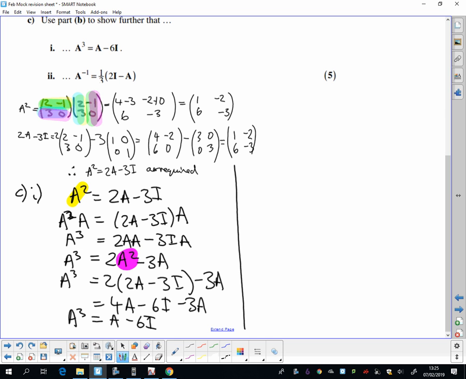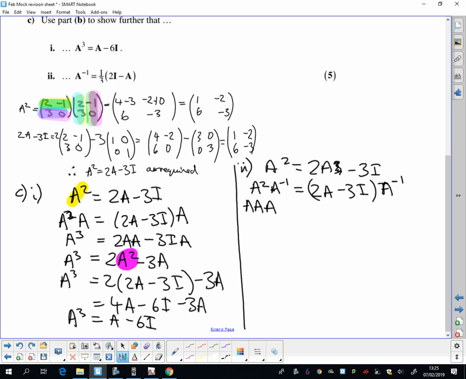Okay, now I want to do an inverse, but we've got to start again with what we discovered in the first part. So that was A squared equals 2A minus 3I. Right, I want to get to the inverse matrix. So it might be a good idea to multiply both sides by the inverse of A. On this side I can split that A squared up into A times A, and then we're going to multiply this in.